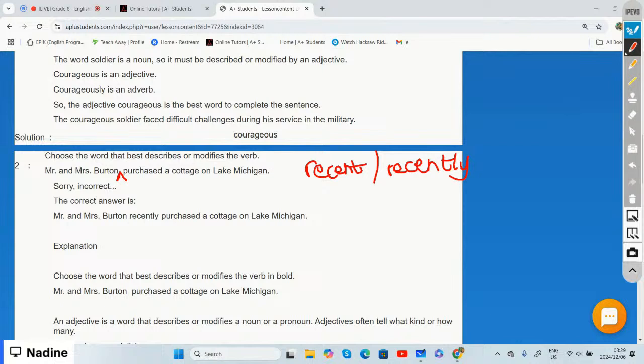So Mr. and Mrs. Burton, we can say recently purchased a cottage in Lake Michigan.